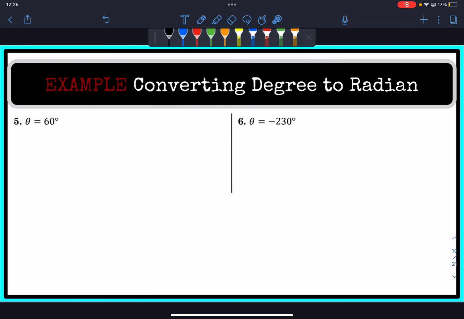I want to convert these two answers from degrees to radians. So what I simply do is get 60 degrees and multiply it by my conversion of pi over 180. That's going to cancel out the units of degrees, so our answer is now in radians, and we end up with 60 pi over 180.